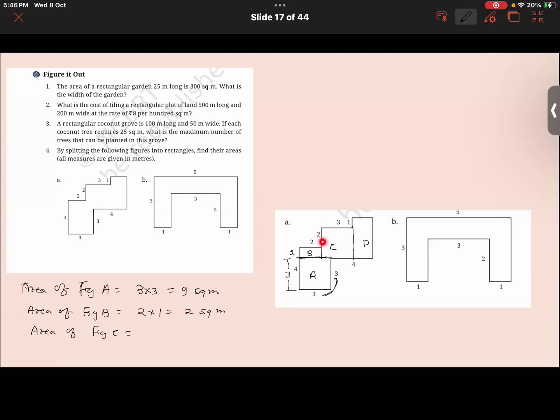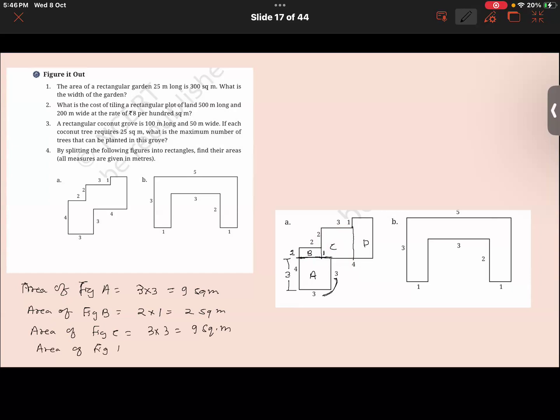This much is given as 2 meter, and what about this much? It will be 1. So 2 and 1, so this side is 3 exactly. This side is 3 and this side is also 3. So 3 into 3, that is 9 square meter. Okay, which one is left now?